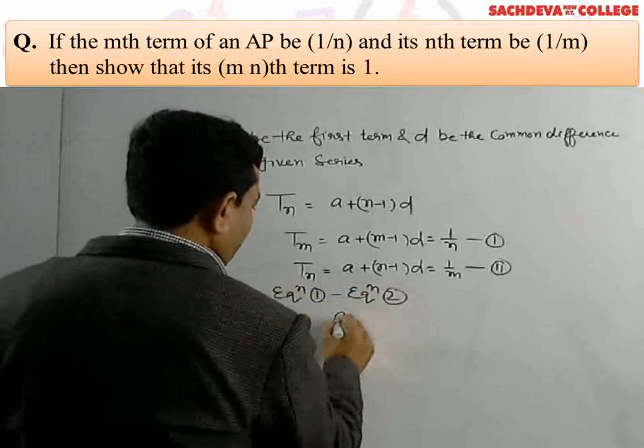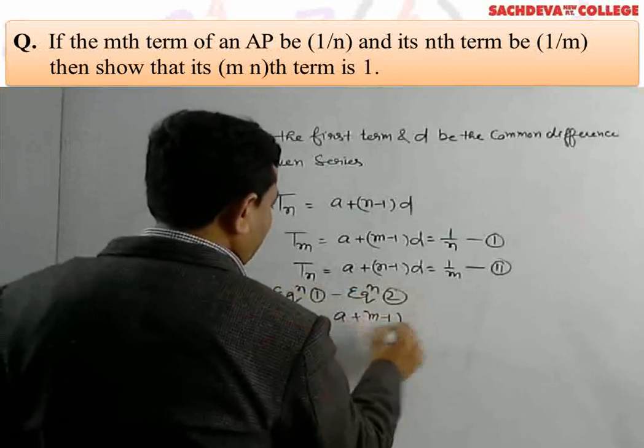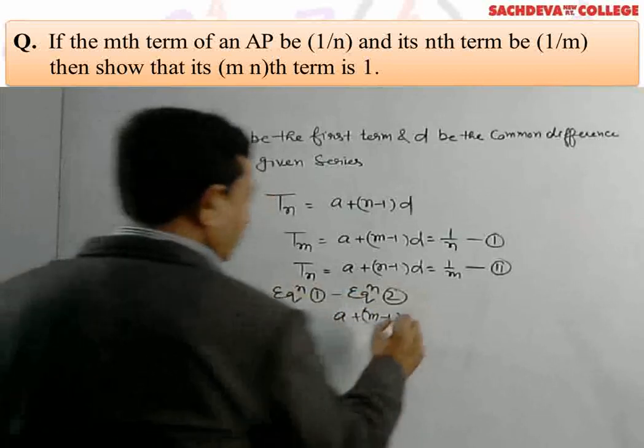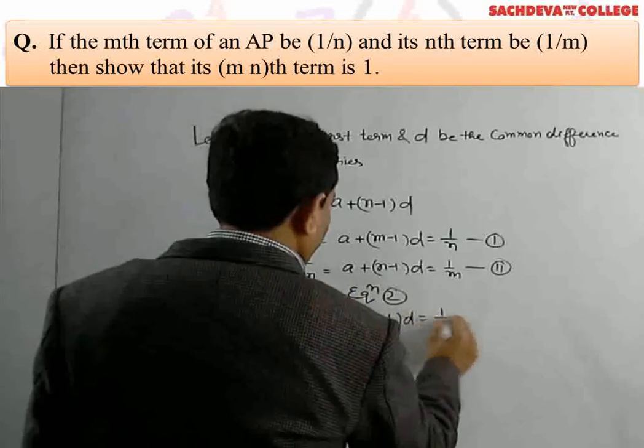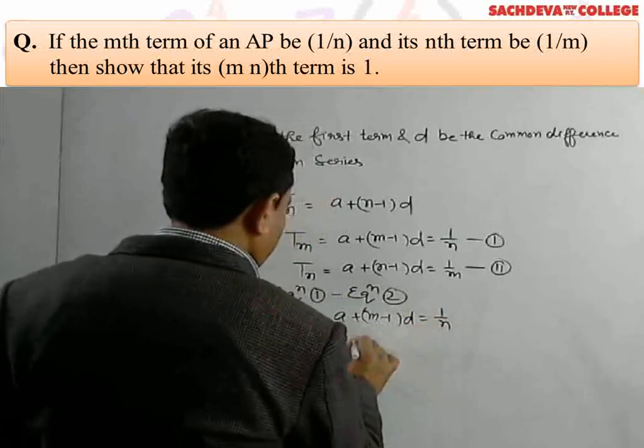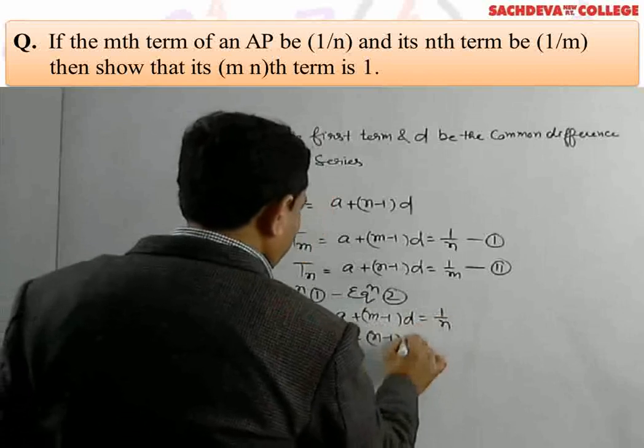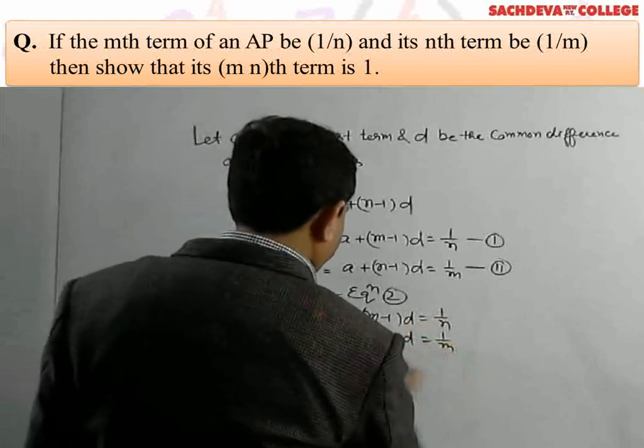we find A plus (m minus 1) into D is equal to 1 upon n, and A plus (n minus 1) into D is equal to 1 upon m.